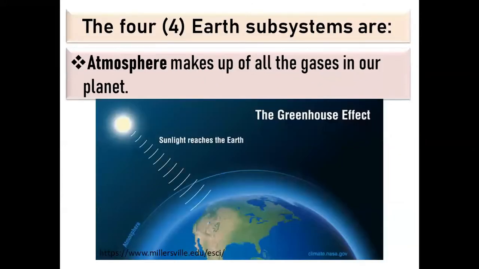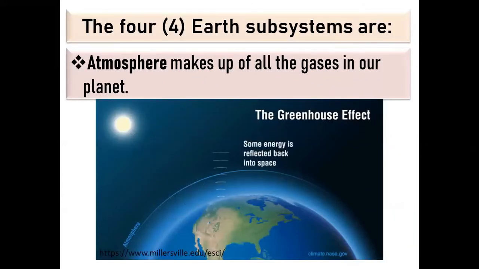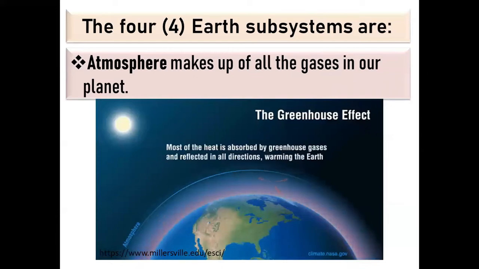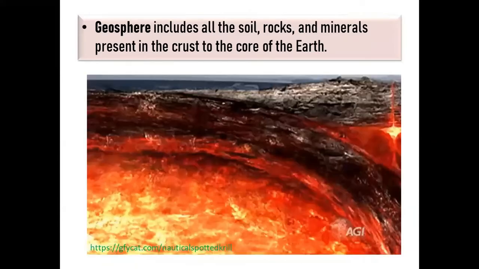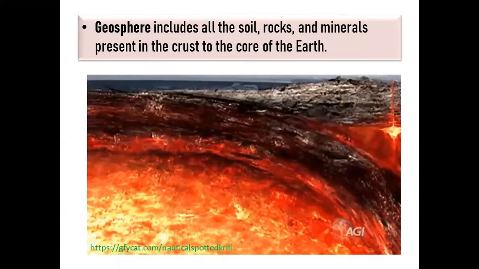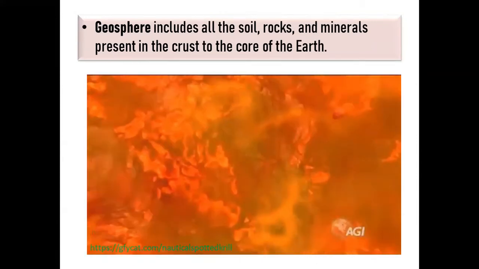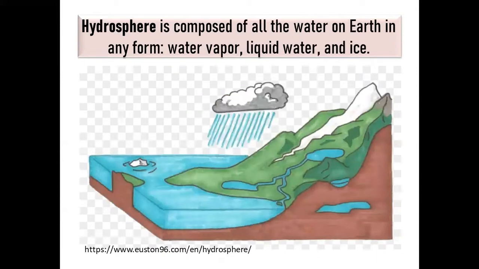The 4 Earth subsystems are: first, atmosphere, which makes up all the gases in our planet. The geosphere or lithosphere, which includes all the soil, rocks, and minerals present in the crust to the core of the Earth.